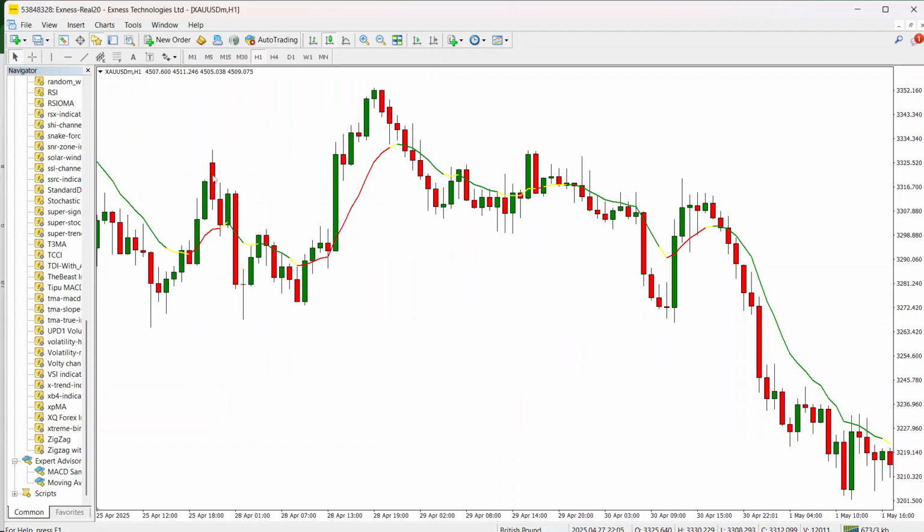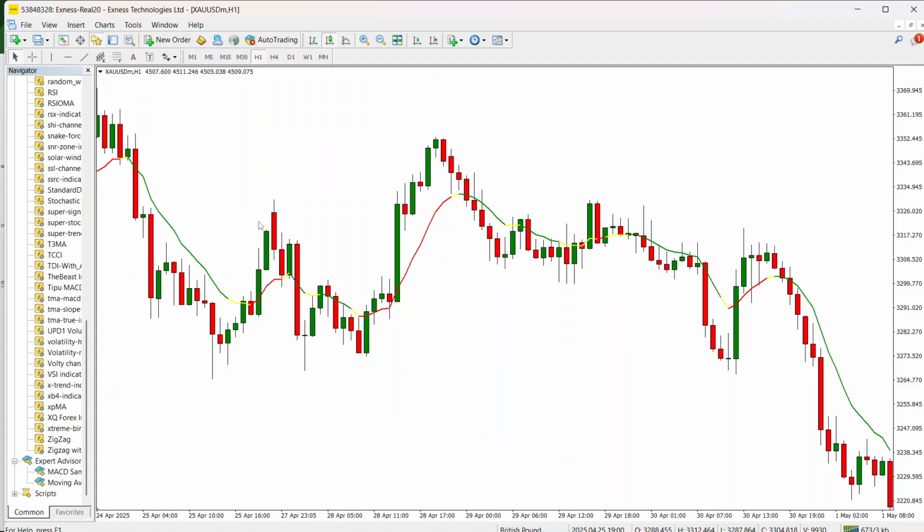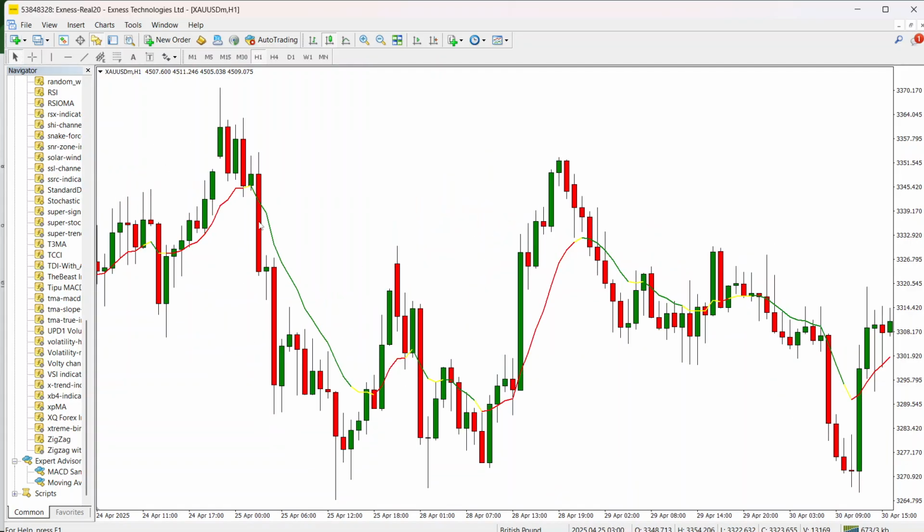The indicator's visual presentation helps traders quickly identify whether the market is in an uptrend, downtrend, or consolidation phase without complex interpretation. Color changes or line crossovers may signal potential entry or exit points, producing clear visual cues that complement other technical analysis tools in a trader's strategy.